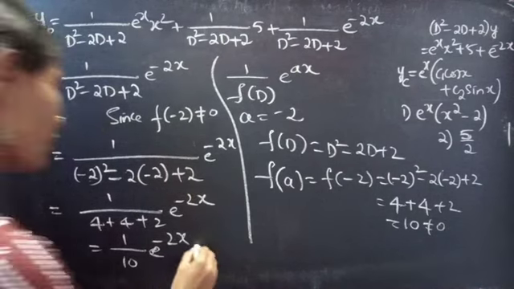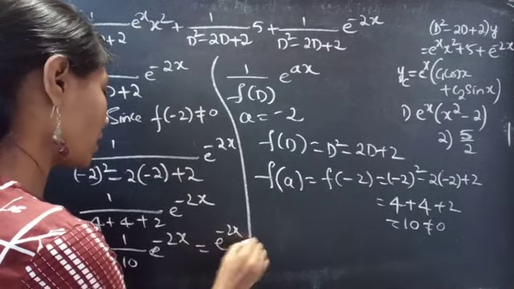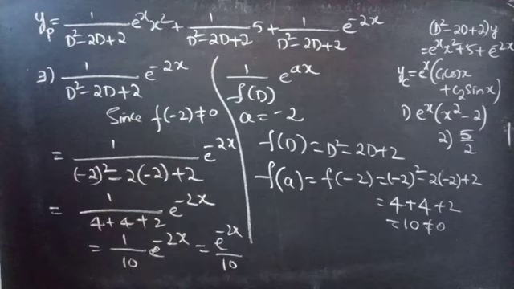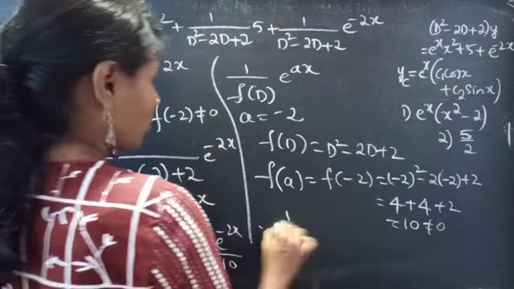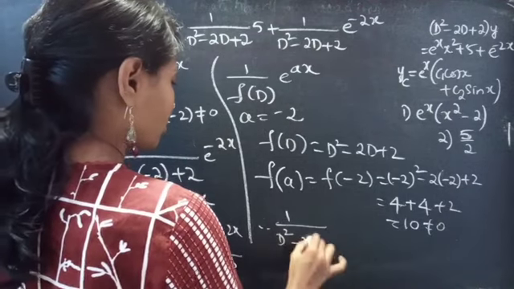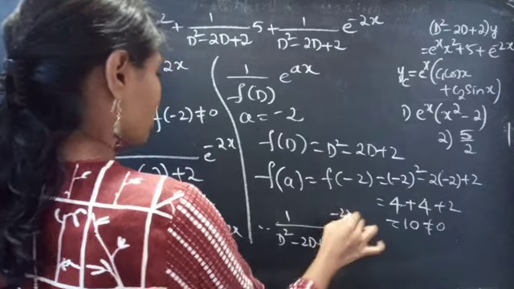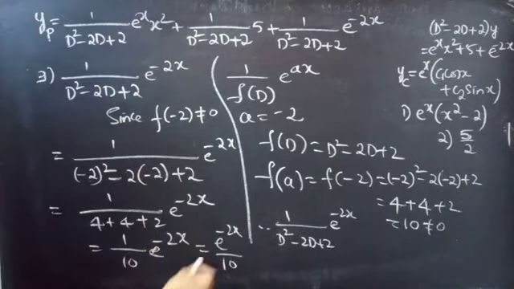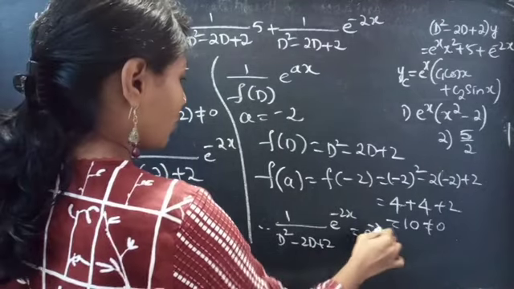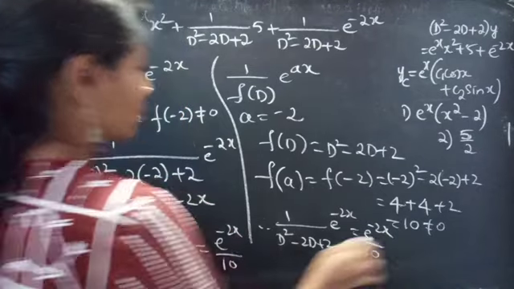Or we can write it as e power minus 2x by 10. Therefore, 1 by f of D into e power minus 2x is e power minus 2x by 10.